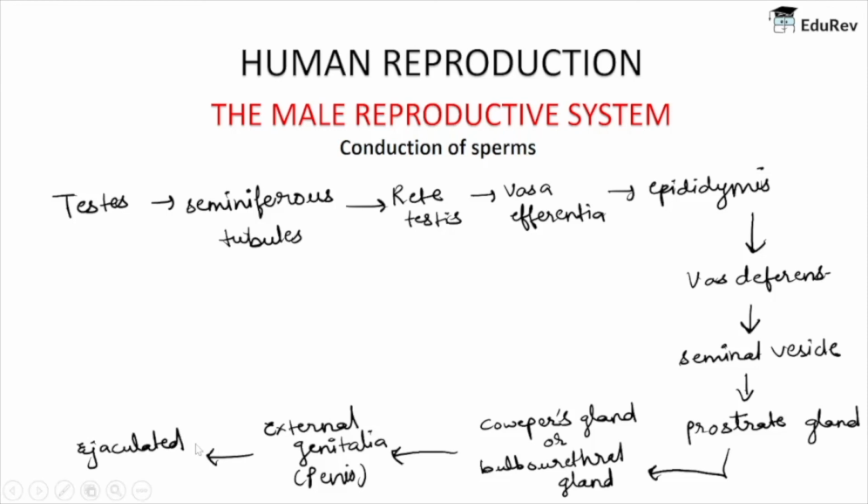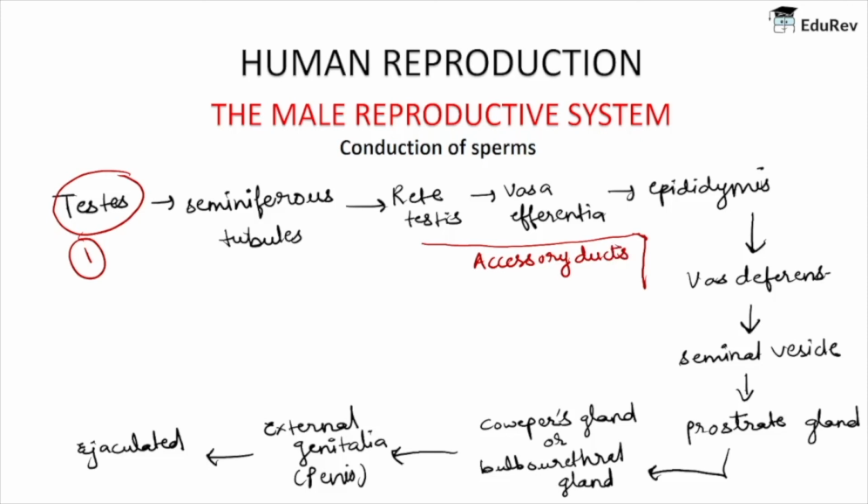Now since we have studied all these topics, I would like to mark it with a different color. We have studied the 4 parts of the male reproductive system. The first part is the testes, and the second part is the accessory ducts, which are 4 in number, and these are the accessory ducts I would like to mark here.